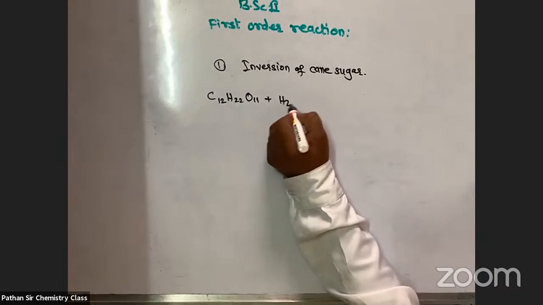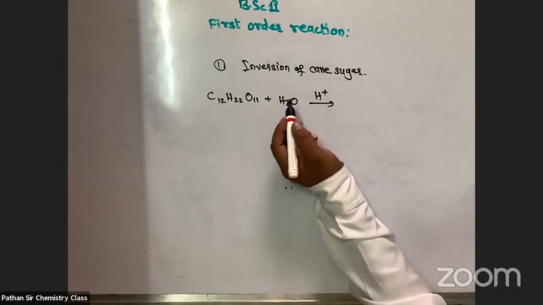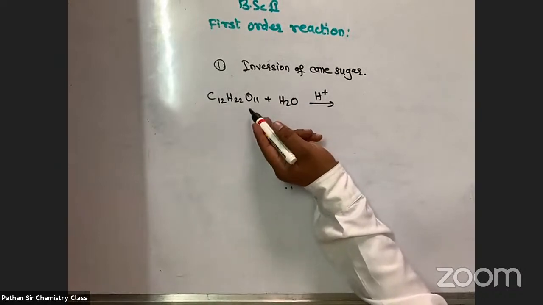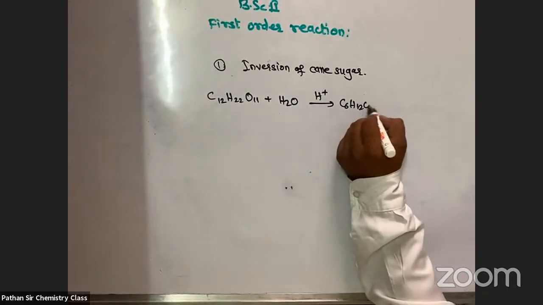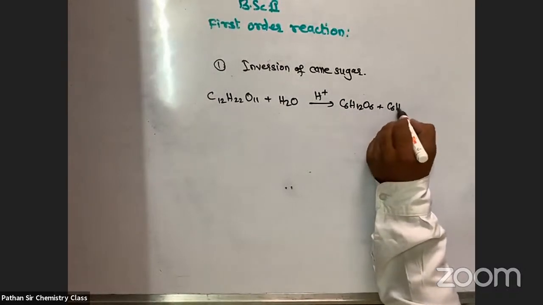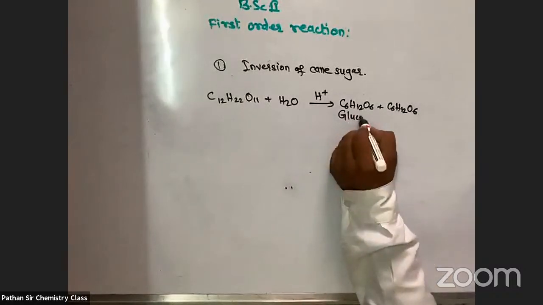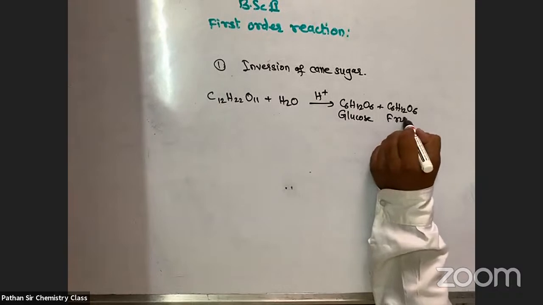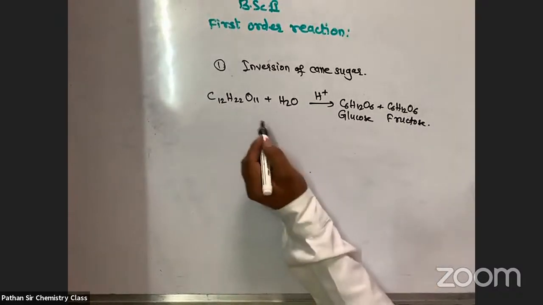It undergoes hydrolysis in the presence of an acid like HCl or H2SO4. So hydrolysis of sucrose in the presence of acid forms C6H12O6 plus C6H12O6. One is glucose, the other is fructose.